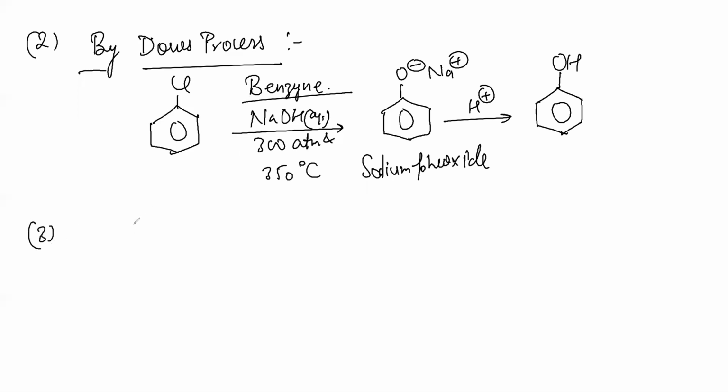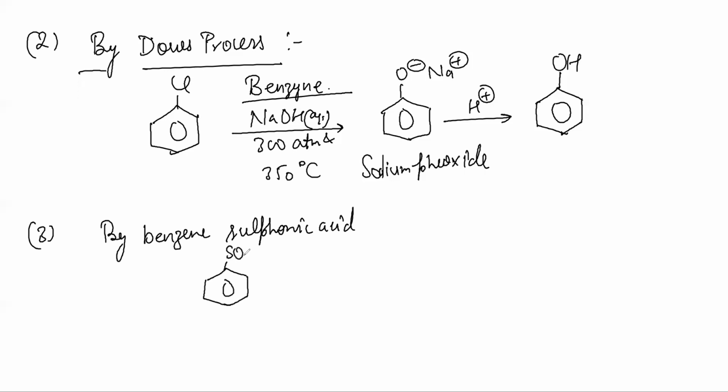Let's move to third. Third, by benzene sulfonic acid. Now, how can we prepare benzene sulfonic acid? Let's see. Benzene sulfonic acid is this.